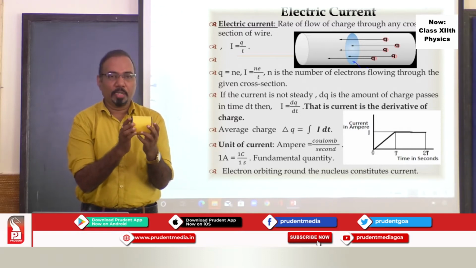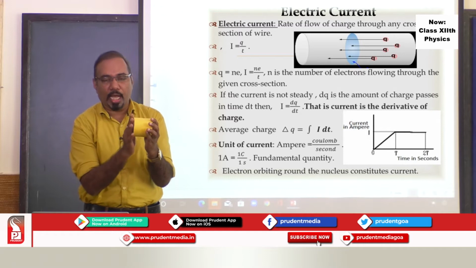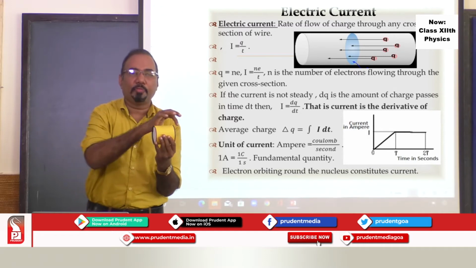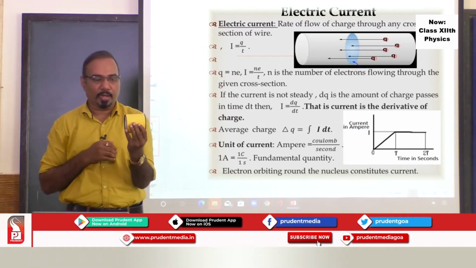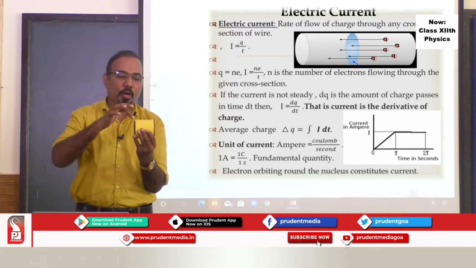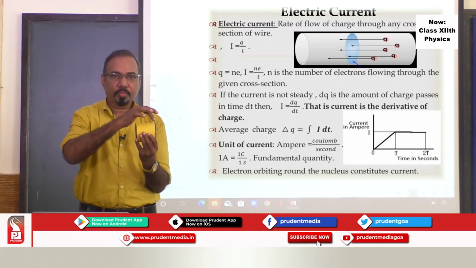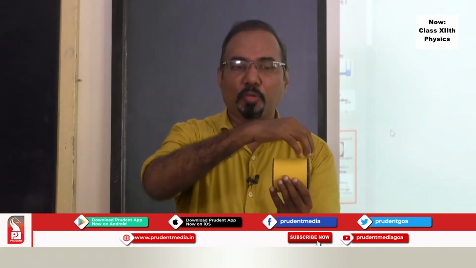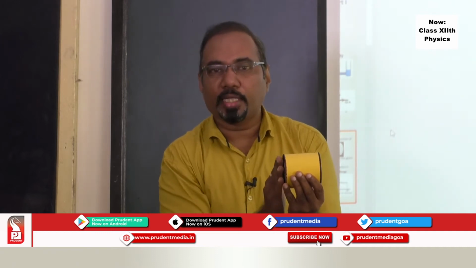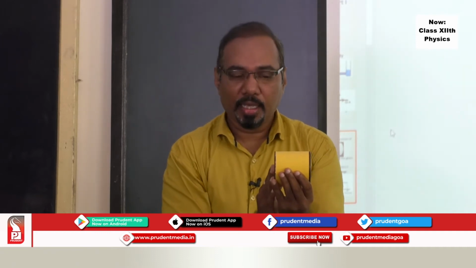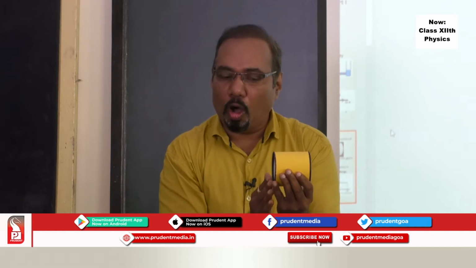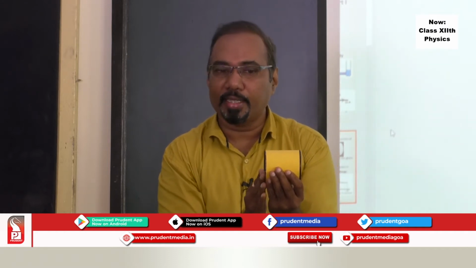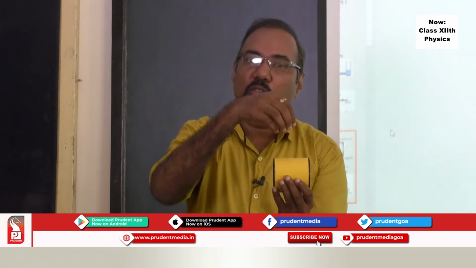Immediately an electric field is set up in the conductor, directed from positive to negative. So electrons will start moving, and these positive charges will get neutralized. If all the charges are neutralized, meaning there won't be any charges left here, the current will reduce to zero.